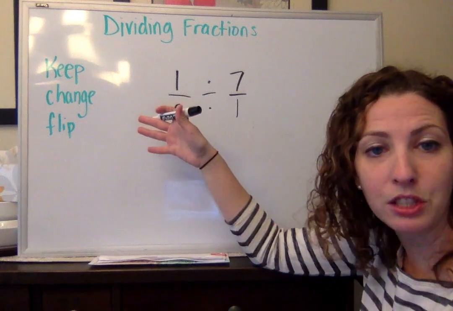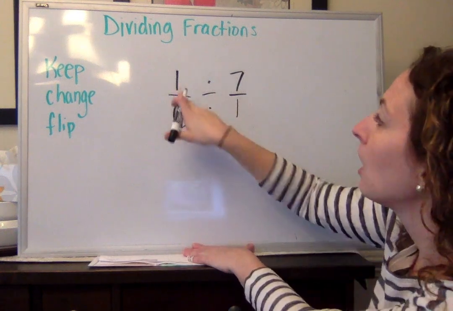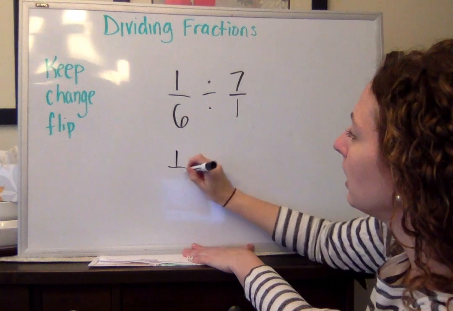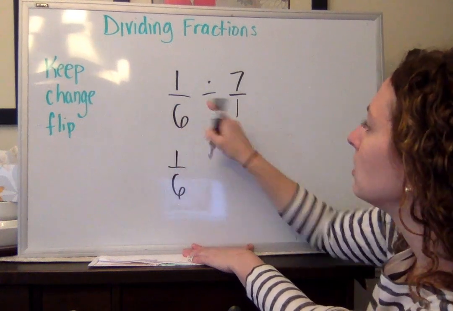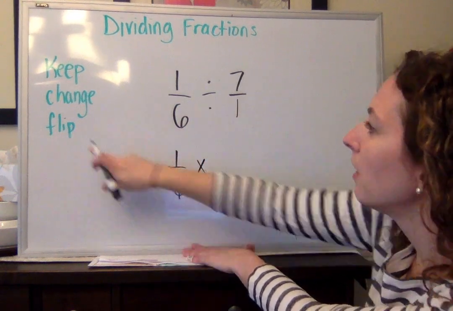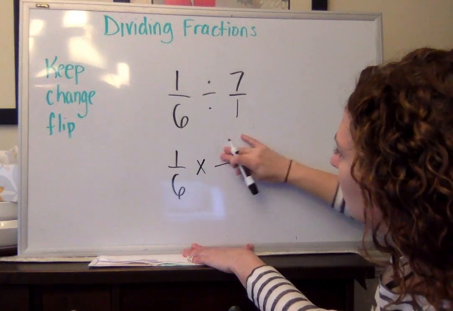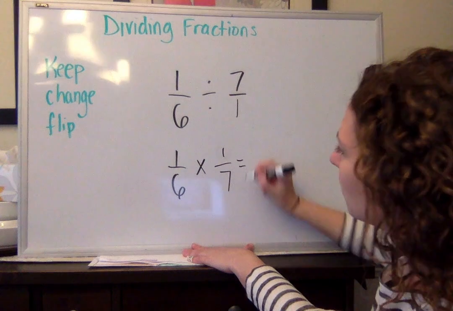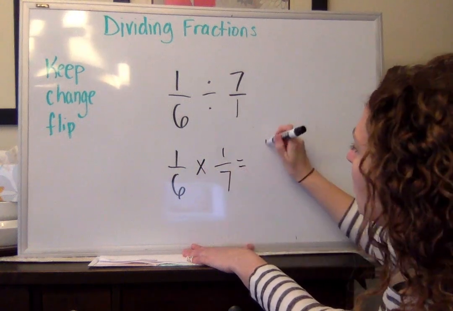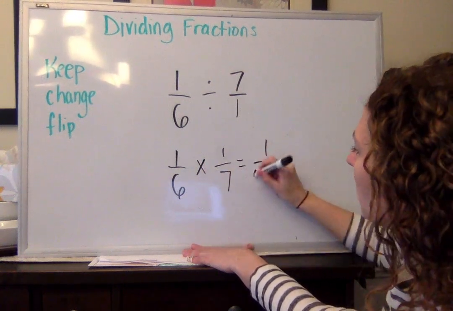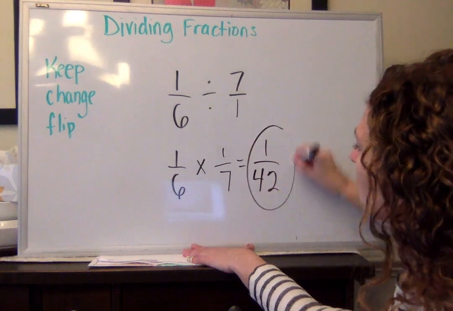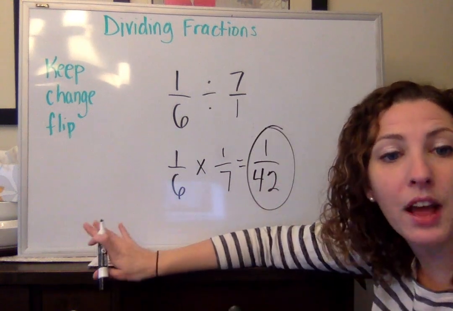Gonna do my keep, change, flip, and let's bring it down. Keep the first fraction the same, change division to multiplication, flip my second fraction, which I already almost didn't do. 1 times 1 is 1, 6 times 7 is 42. Okay, that's what you're going to be seeing.